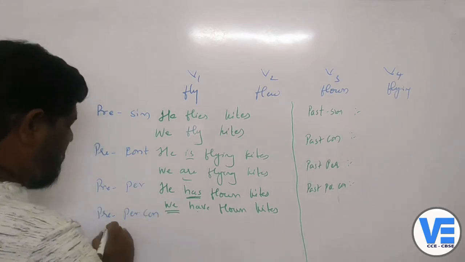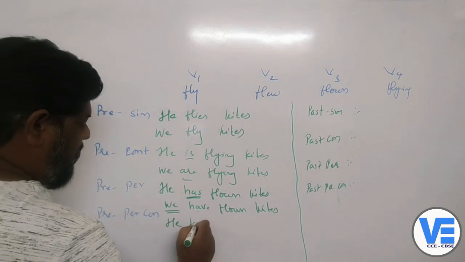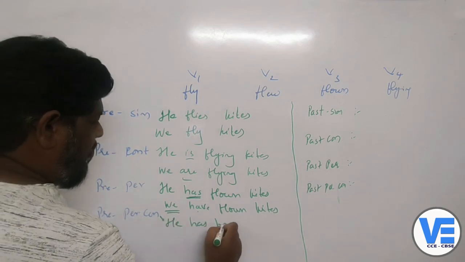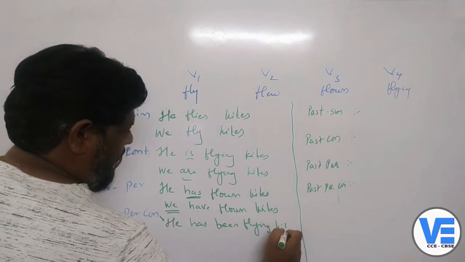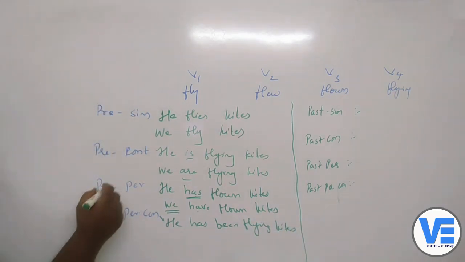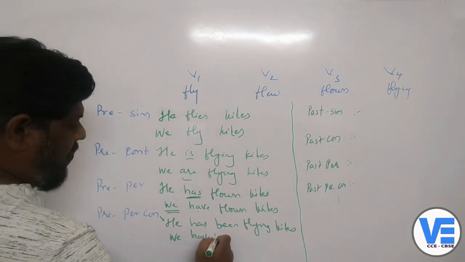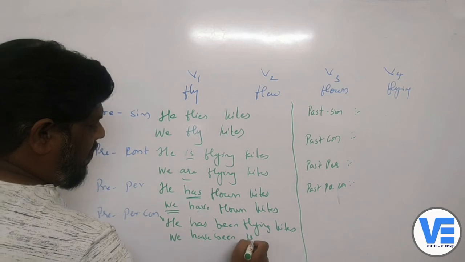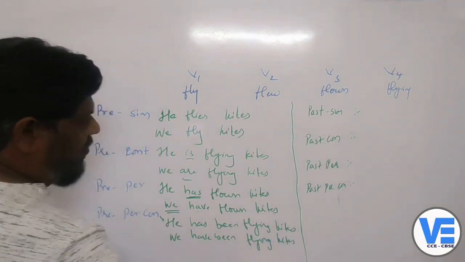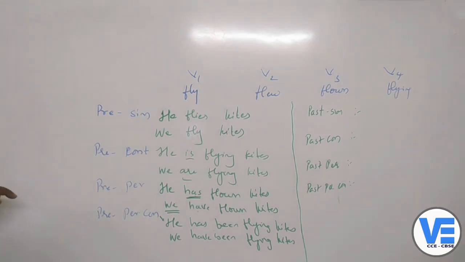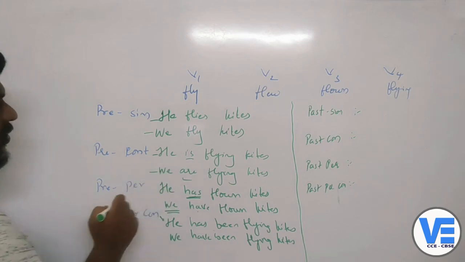And now coming to the present perfect continuous, he has been flying kites. When you write with we here, we have been flying kites. So this is how I have taken 2 examples here, right? For each tense I have taken 2 examples.